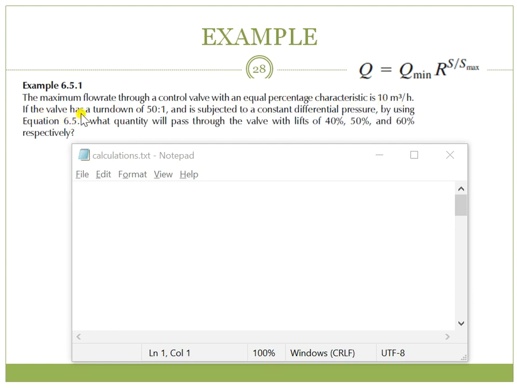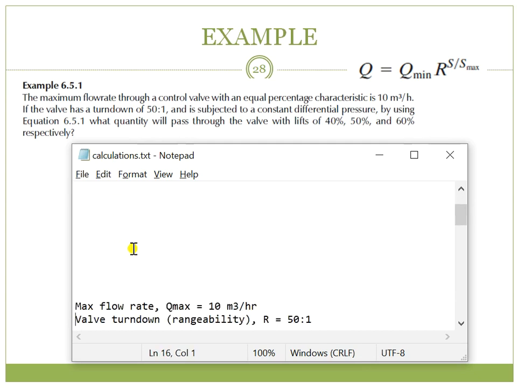If the valve has a turn down of 50:1 ratio, and is subjected to a constant differential pressure, using the above equation, what quantity will pass through the valve with the lift of 40%, 50%, and then 60%. So here we need to do some calculations. Okay, let's look at how to calculate.